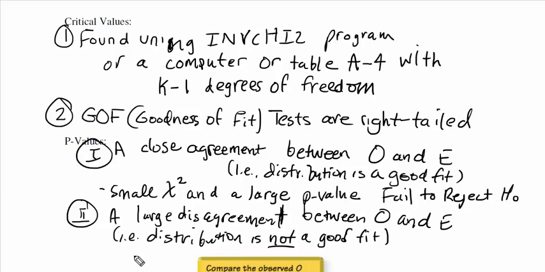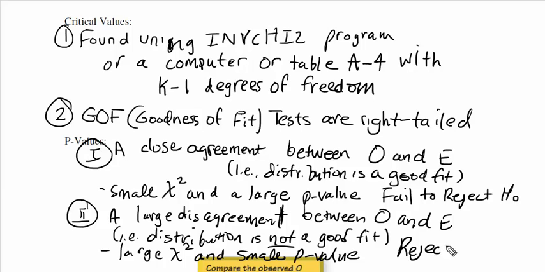And that means that you are going to have a large chi-squared and a small p-value, which means that if the model or the distribution is not a good fit, you are going to reject H0, meaning that you're rejecting that as a good fit, and it's actually not a good fit.